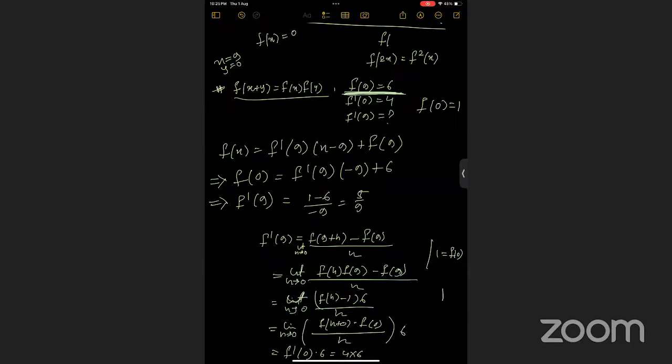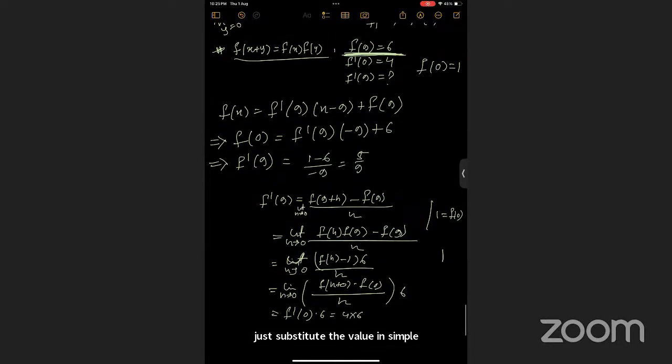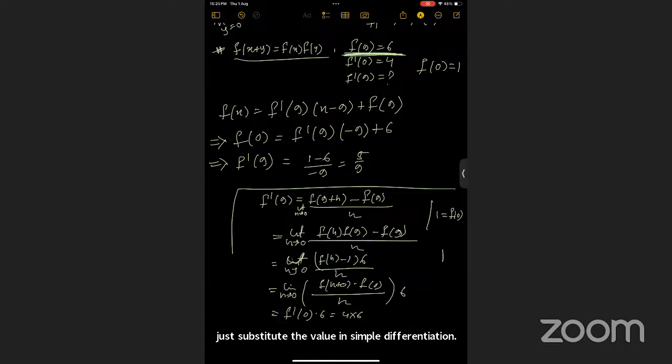No, f of 0 is equal to 1. Ma'am, then why did we have to go through this long method? We could just substitute the value in simple differentiation now. This is fine, there is no problem. I understood the differentiability part, but f of 0 equals 1, how did we calculate it?